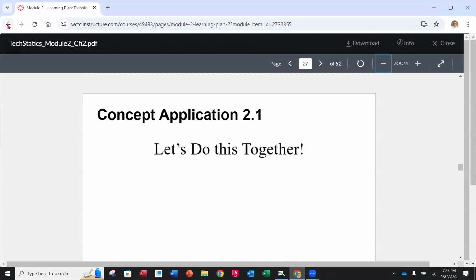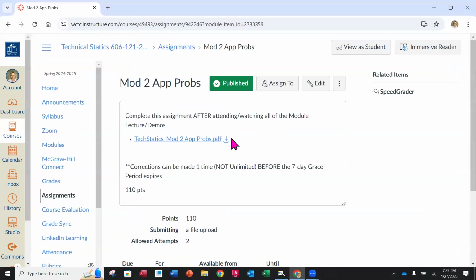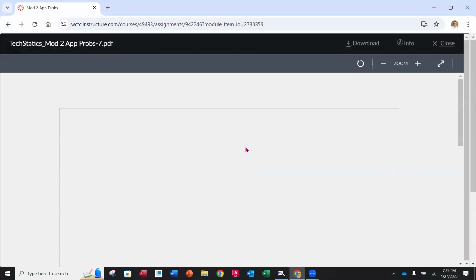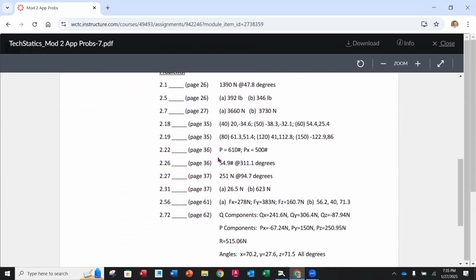You should be able to do in your application problems. And again, if we go back to our application problems for module 2, and look at that PDF, you'll be able to do 2.1, 5, 7, 18, 19, and 22. So you're about at halfway point with what we've covered this evening, okay?